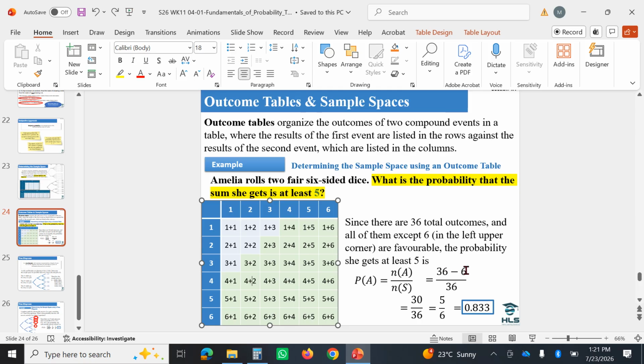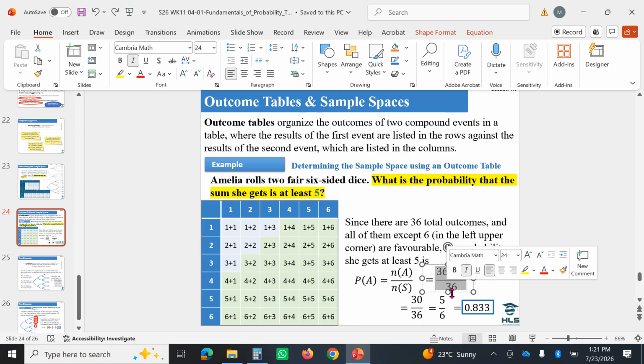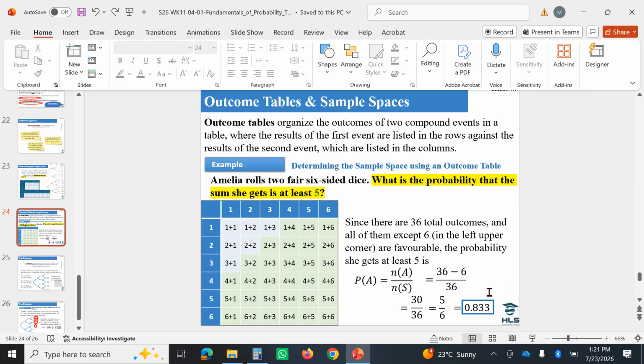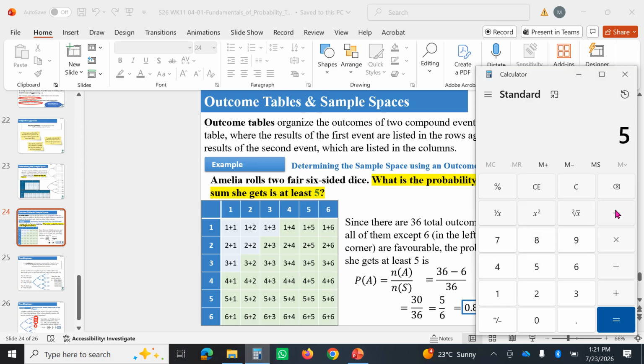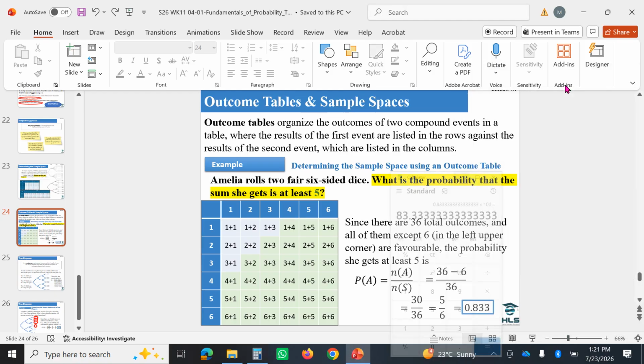So 36 minus 6 divided by all total outcomes equals 30 divided by 36, which is equal to 5 divided by 6, which is 0.833, times 100. So there's an 83% chance that Amelia is going to roll two dice that when added together will be greater than or equal to 5.